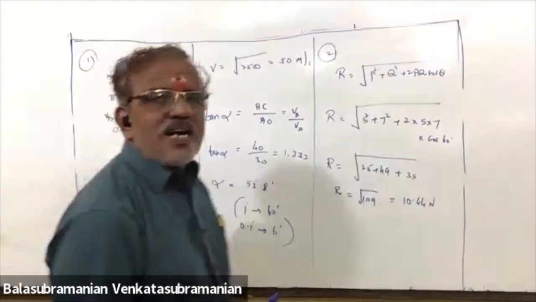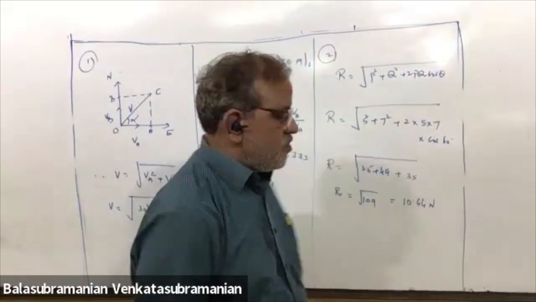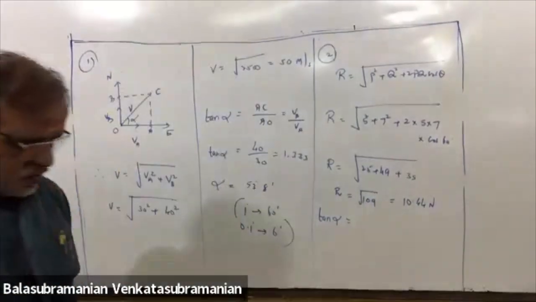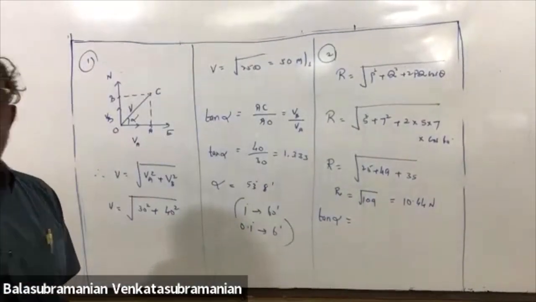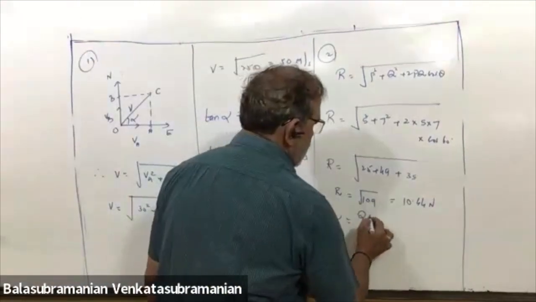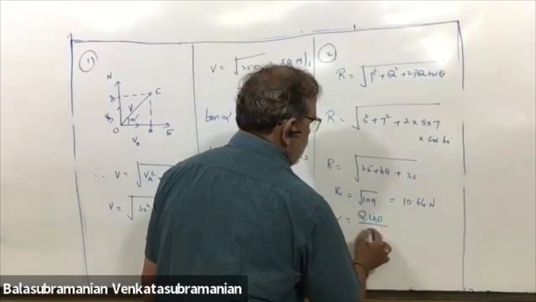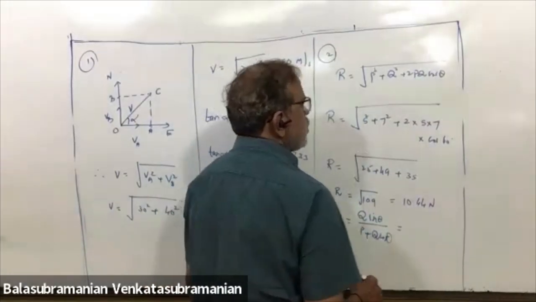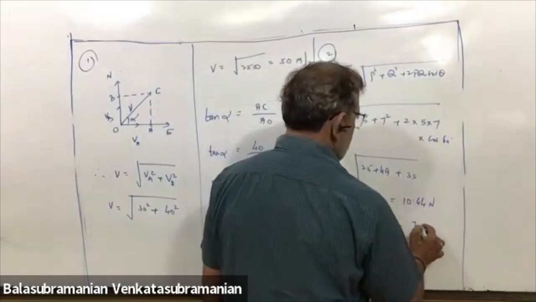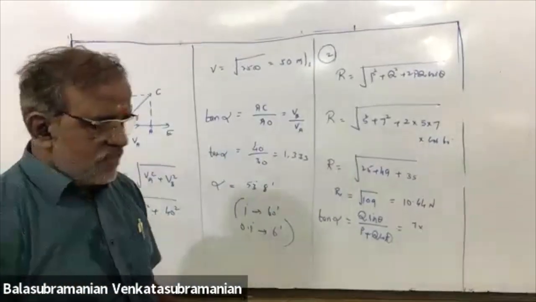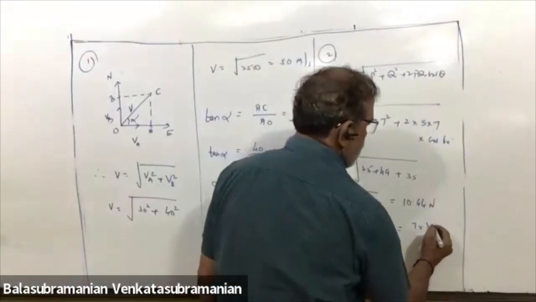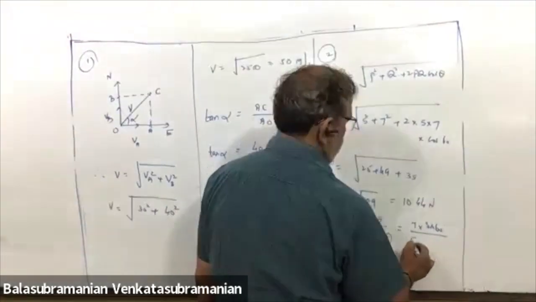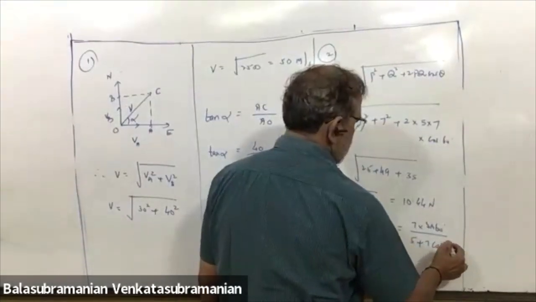The resultant is making an angle alpha with respect to P. Also, tan alpha is equal to Q sin theta by P plus Q cos theta. Q is 7. What is the angle given? 60 degree. So sin 60 by 5 plus 7 cos 60.